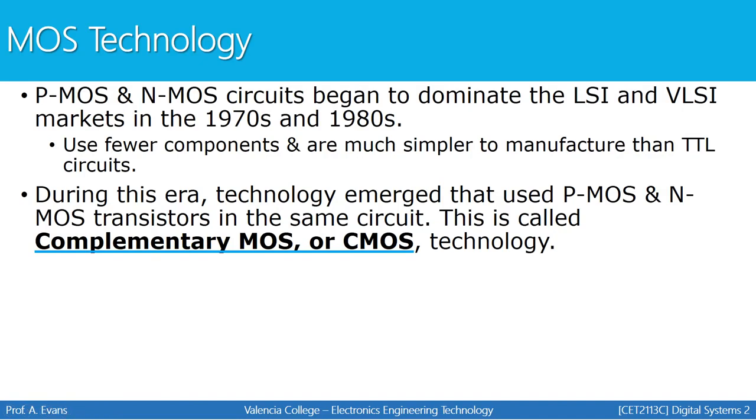PMOS and NMOS circuits began to dominate the LSI and VLSI markets in the 1970s and 1980s. LSI stands for large scale integration, and then very large scale integration. During this time, one of the main drivers of the electronics industry was the integration of more gates on a single chip.